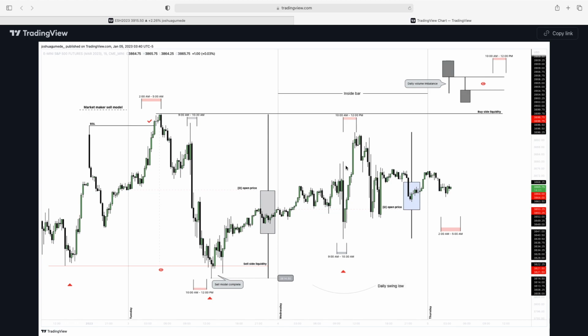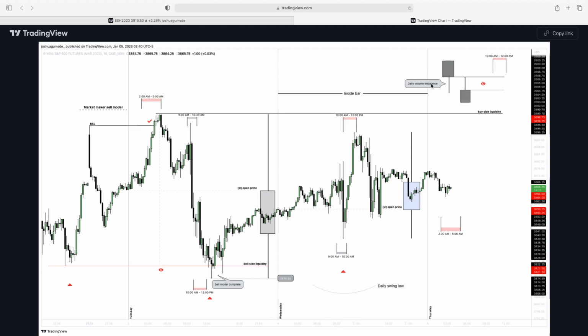If you look closely here, I posted this chart on the free Telegram channel on Thursday. I posted the screenshot and drew your attention up to here: a daily volume imbalance. I put this little R mark here, and then drew it out. If you go on your daily chart, you'll see that this is a daily volume imbalance.